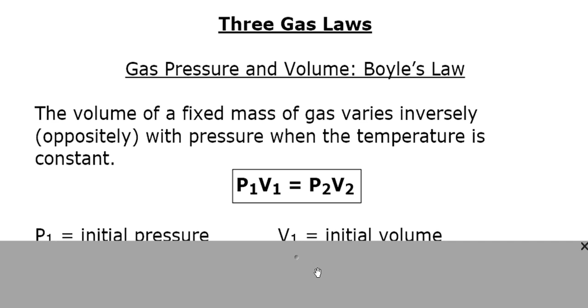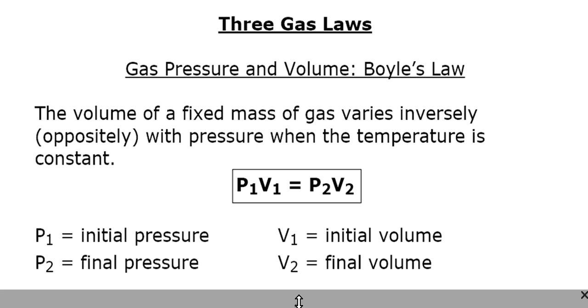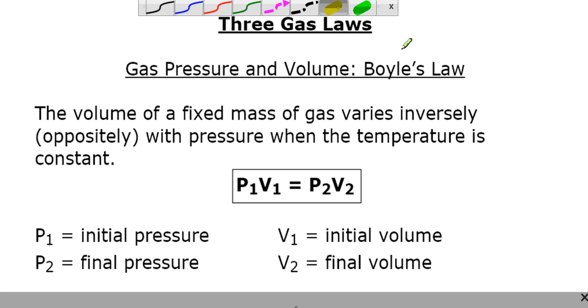They're very similar to one another and very easy to work with once you understand what they are. So let's take a look at the first one. The first law is called Boyle's law. Boyle's law relates 2 variables, pressure and volume.